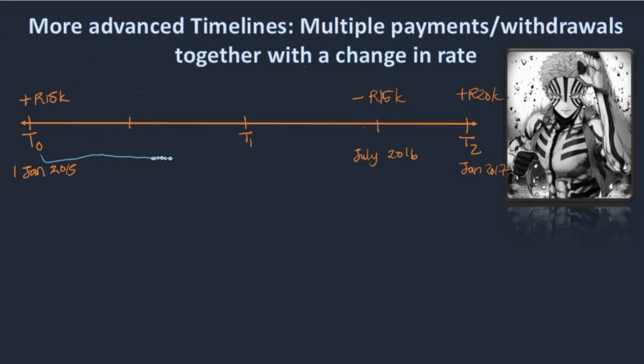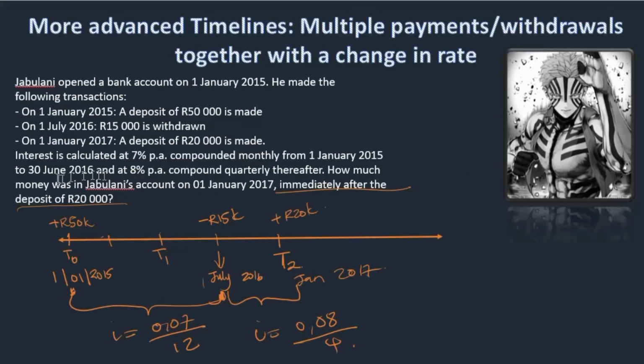Up until this point I have an I of 0.07 compounded monthly. The other statement I had was from 30 June 2016, from there afterwards I have 8% compounded quarterly.